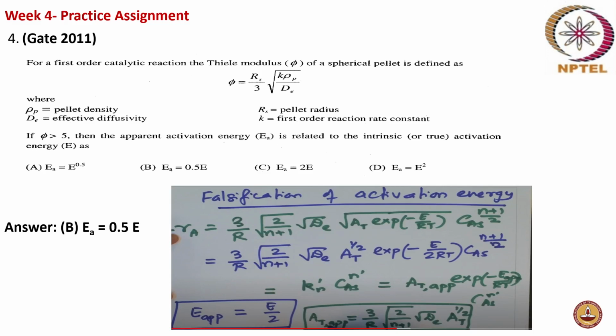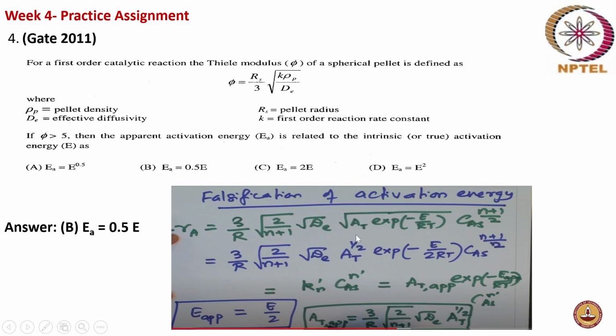So if you just look into the activation energy term, RT is same. So here it is EA, whereas here it is E by 2. That means E apparent is equal to E by 2. That is nothing but 0.5 times of E. And similarly, if you compare the apparent frequency factor, here your AT apparent is equal to this whole term.